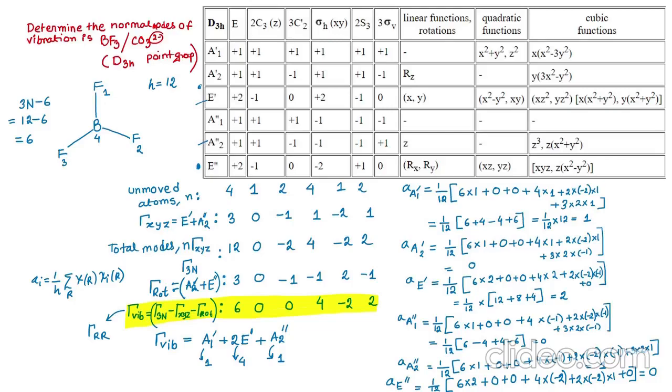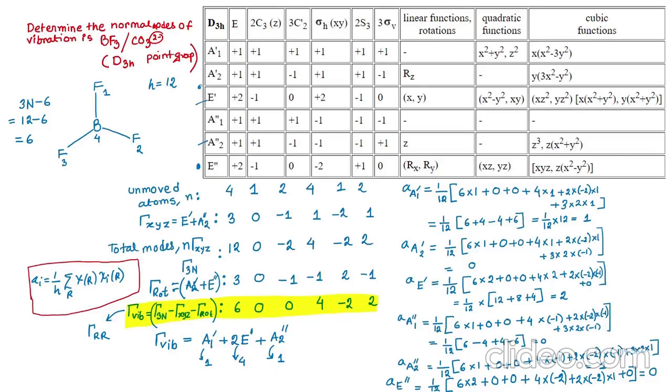From there, you can determine the gamma reducible representation of all the vibrational modes, using a simple formula: a_i is equal to 1 over h multiplied by the sum over R, the symmetry operations, of chi, the character of the reducible representation of the symmetry operation R, multiplied by the character from an irreducible representation of that same symmetry operation.